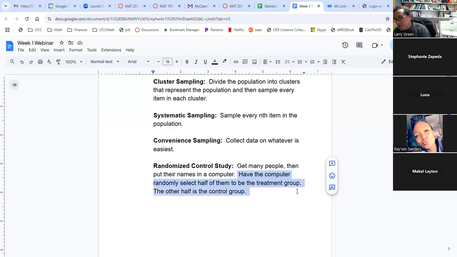And the other group was the control group. So the treatment group got the vaccination. The control group got a shot that had nothing in it, and thought they were vaccinated. And then they looked to see what percentage of the treatment group and what percentage of the control group ended up getting COVID in the next, I don't remember how many months, but some months. Does that make sense? And because they did it using a randomized system using a computer, there was no bias. And that's how that was done.